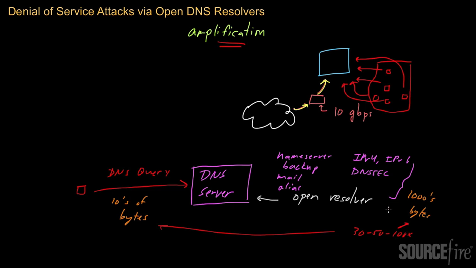To translate this amplification concept into an actual denial of service attack, the attacker is basically going to do the following. He's going to spoof or forge the IP address in the packet that he sends out. So for example, a DNS query is typically going to be sent to a DNS server over a protocol known as UDP.